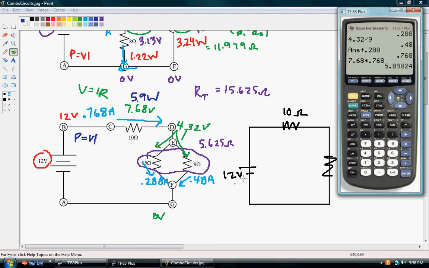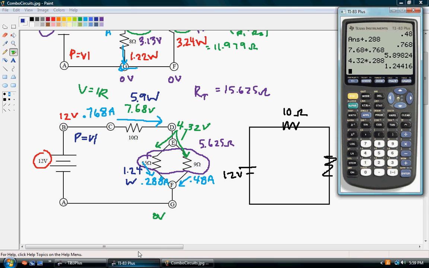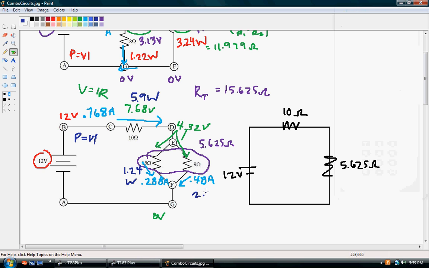For the 15 ohm resistor, its voltage was 4.32. Its current was 0.288. So it used 1.24 watts. And then, last but not least, 4.32 times a current of 0.48 and we get 2.07 watts.